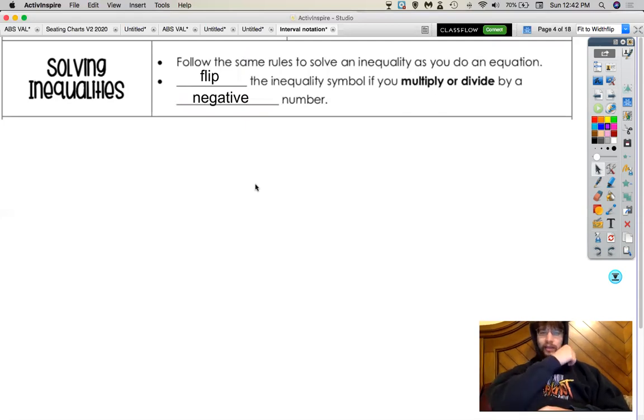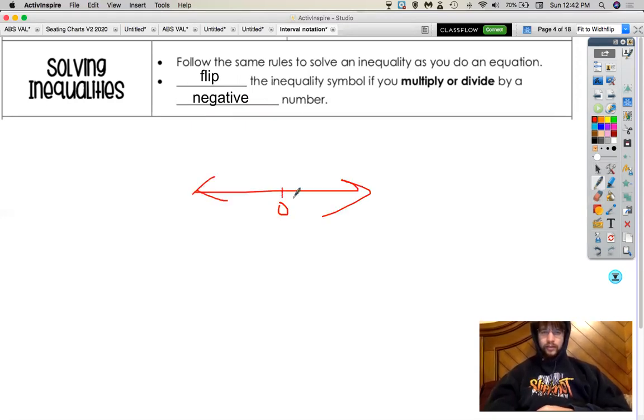Now let's think about why that is true. If you're on a number line, and let's say here's 0, 1, 2, 3, and you multiply that 3 by a -1, well, that's going to go in the opposite direction: -3.